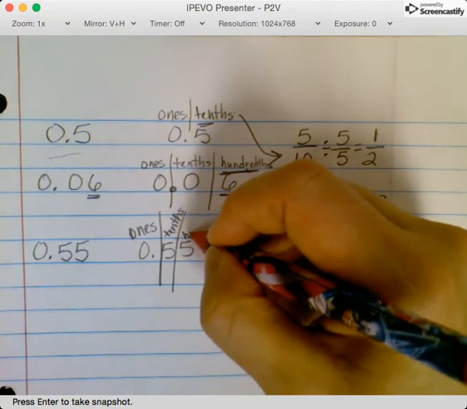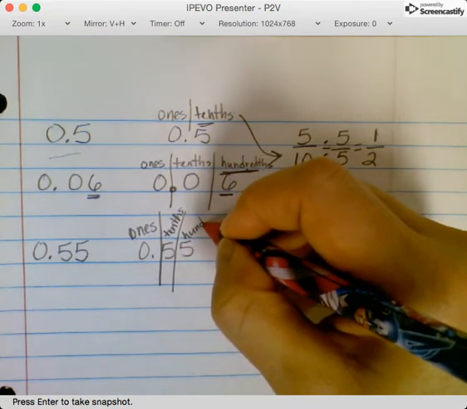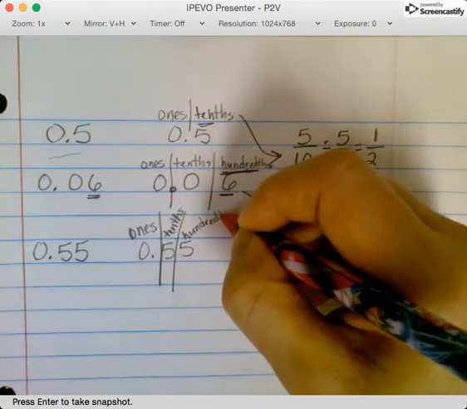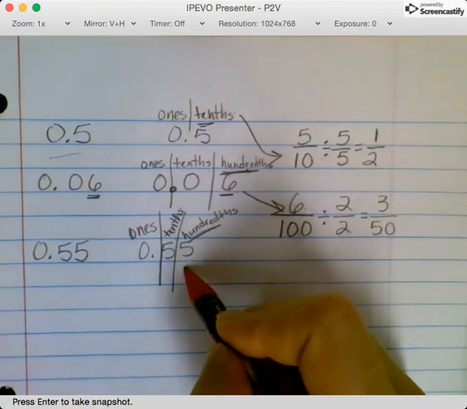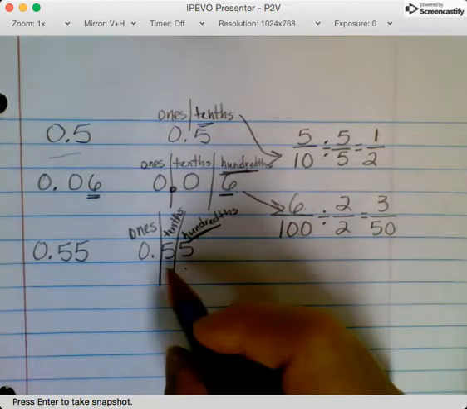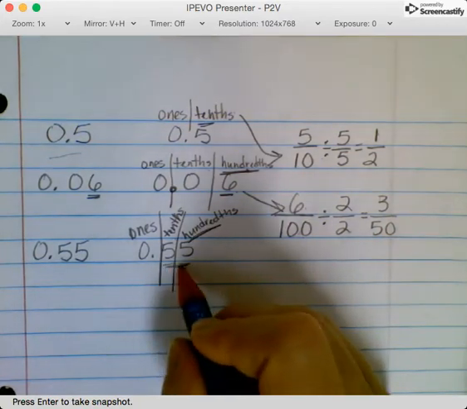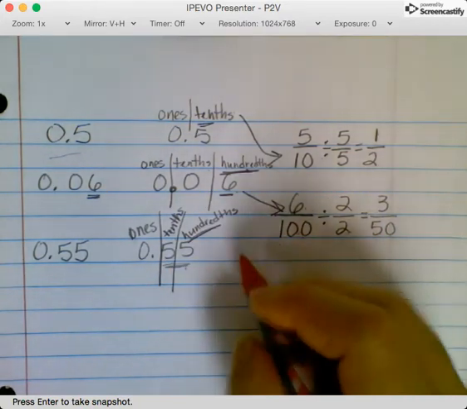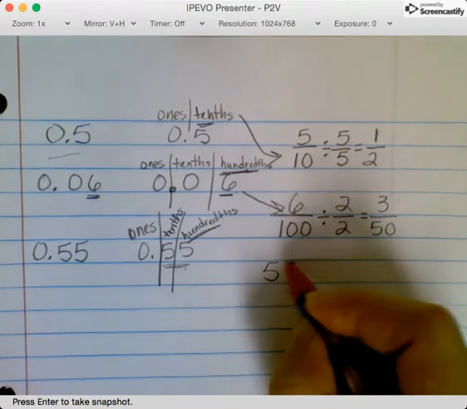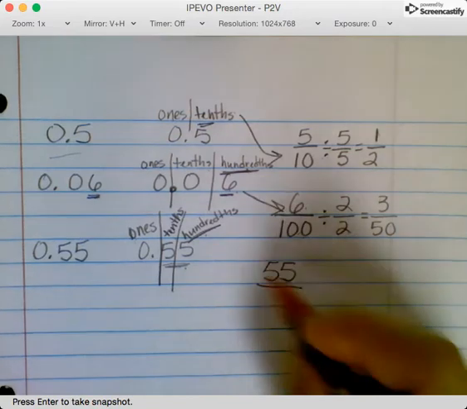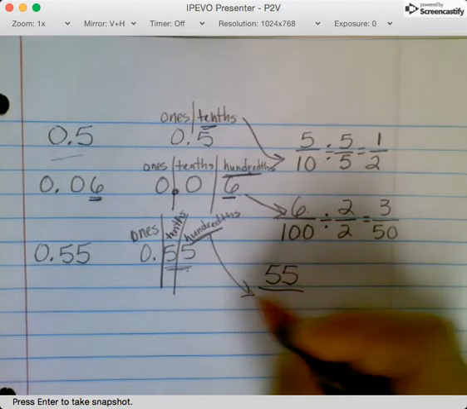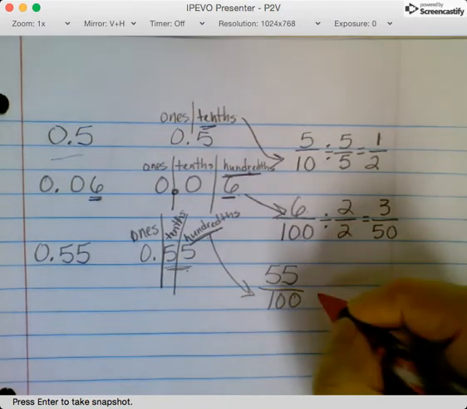And I'm writing sideways here so that I can fit my words. So you go by the value of the last digit, which is the hundredths place. And so I put both digits there, which is 55, and it's over 100 because it is in the hundredths place.